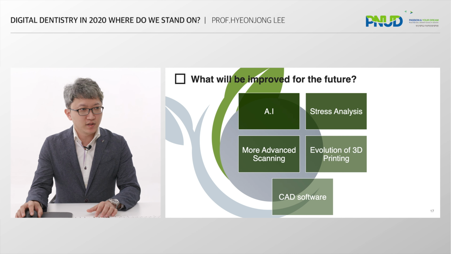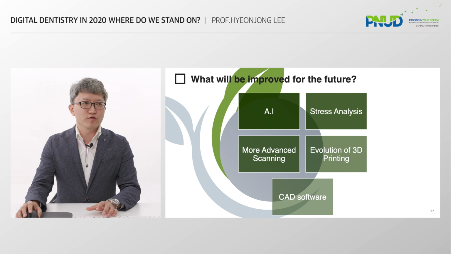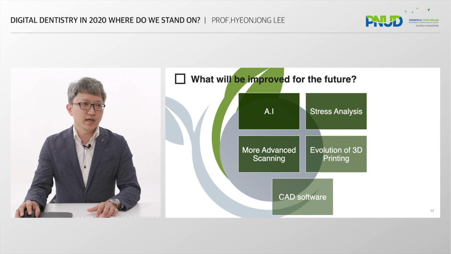And for that, AI is really important. In clinic, we don't want to click the mouse many times; multi-click is not good for clinicians. We just want to click one or two times and then get a good result. So for that, AI should be improved, and it's really developing these days.